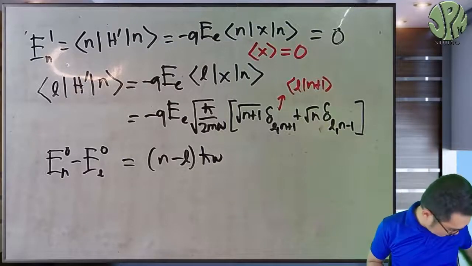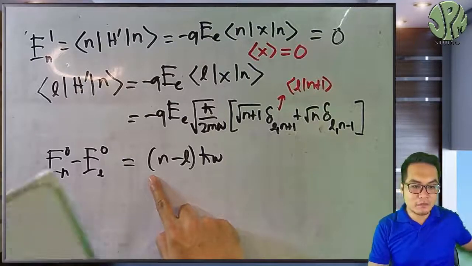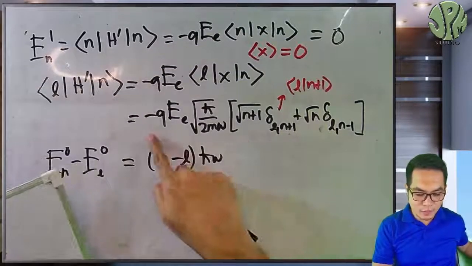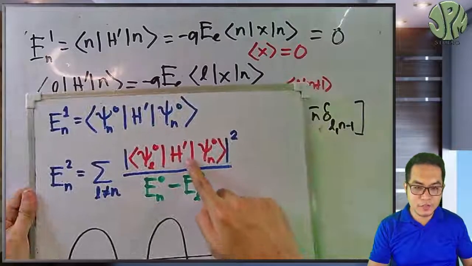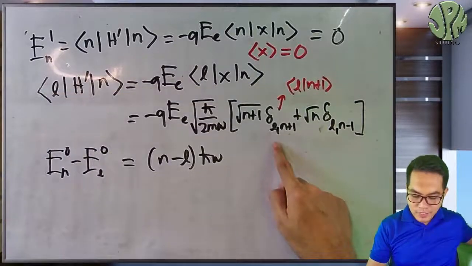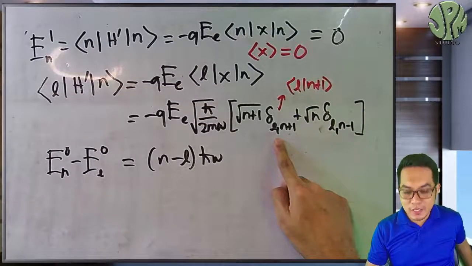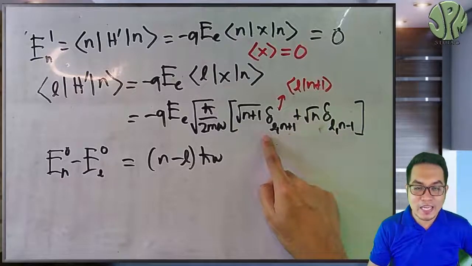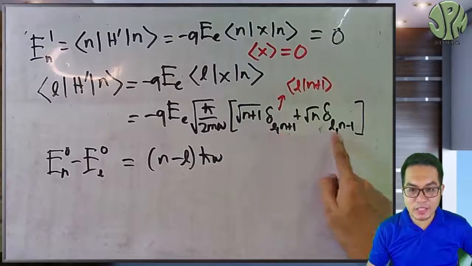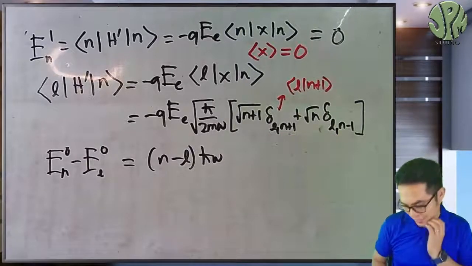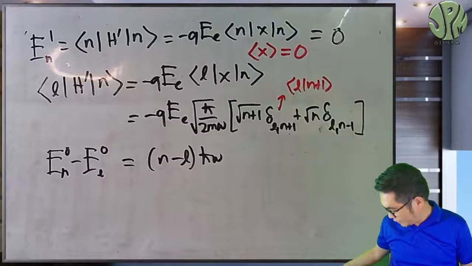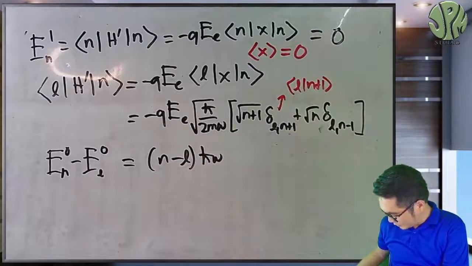So we substitute this one, En minus El0 here, and this one here. Take the square of this. The square of this is just the square of the first term plus the square of the second term. The cross terms again will be 0 because of the Kronecker delta functions. So you square that one, divide by this, and then take the summation.